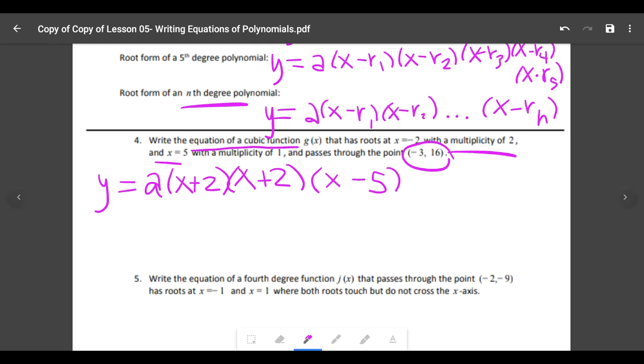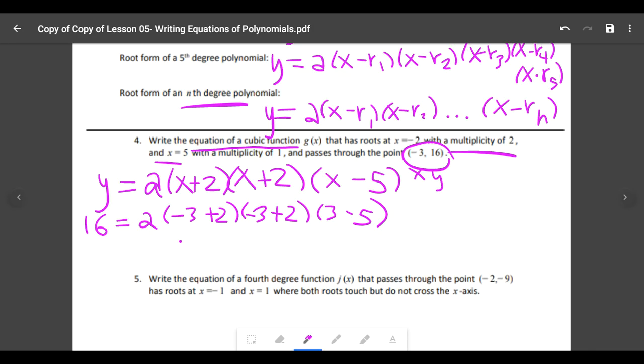However, they give me a point that's on this cubic, so I can plug in the x and the y from the problem and solve for my a value. So I'm going to plug in 16, and I'm going to plug in -3. And I'm going to multiply this out. So this is -1 times -1 times -8.